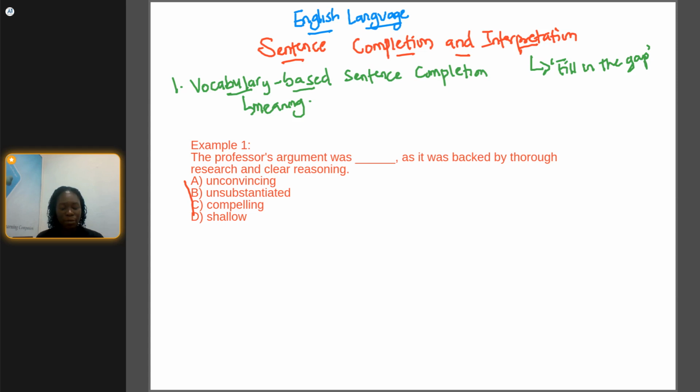Option number three is compelling, which could mean very convincing or persuasive. And the fourth option is shallow, which is like lacking depth or lacking meaning. Once you understand the meanings of these options, you now know which one to fill in.